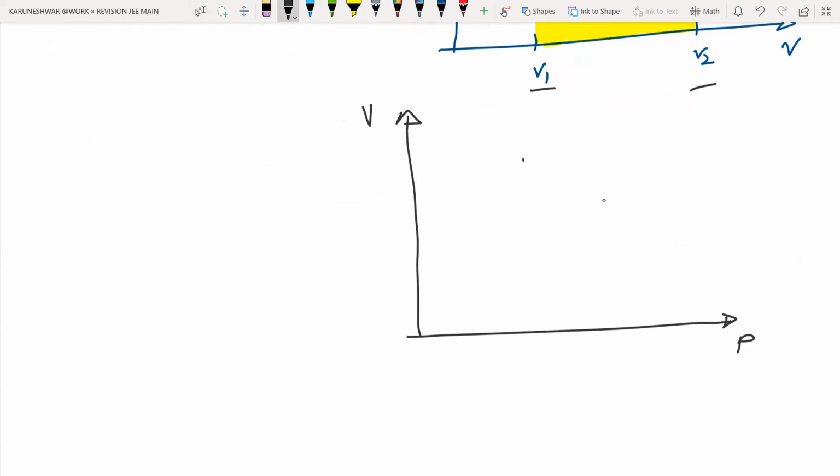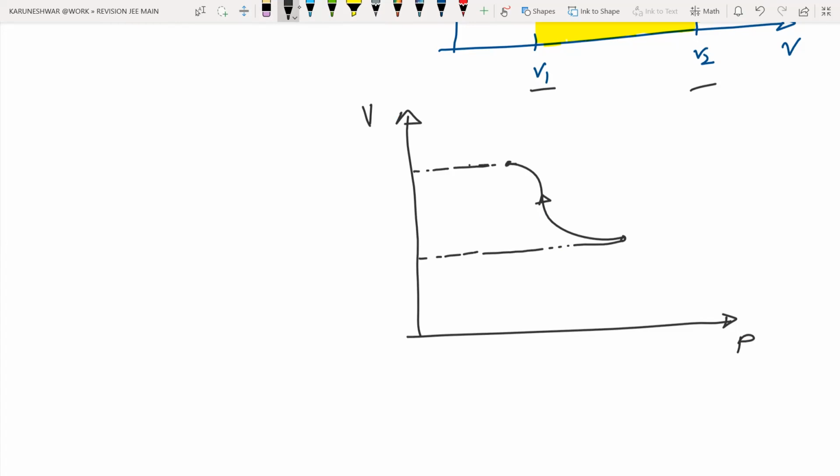Let's suppose I am considering a graph like this, and the process is from this point to this point. What you will get is the area under the curve of P and V.